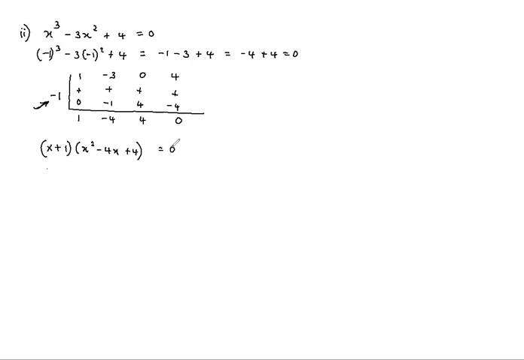So this means that x plus 1 is 0, or x^2 minus 4x plus 4 is 0. Two numbers that add to negative 4 and multiply to positive 4 are negative 2 and negative 2.